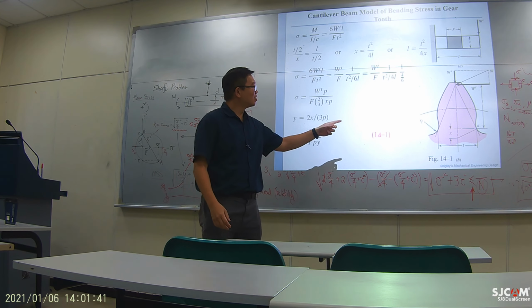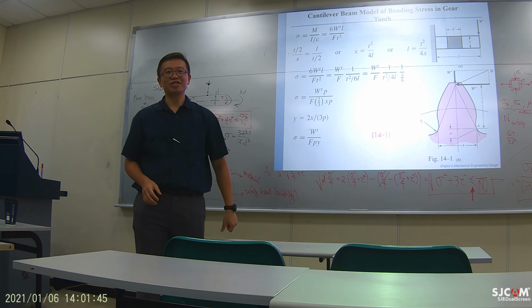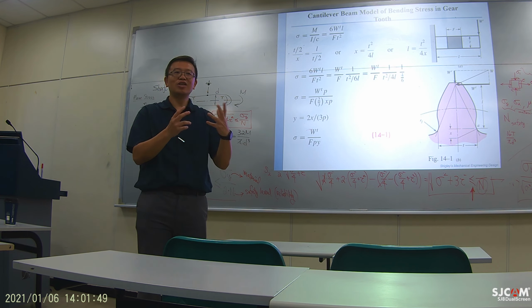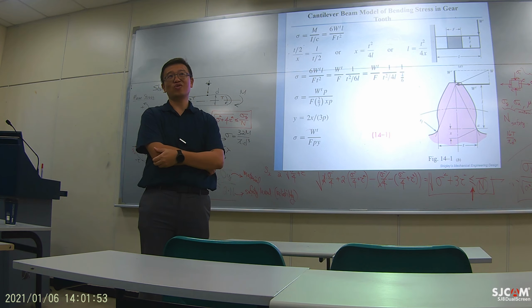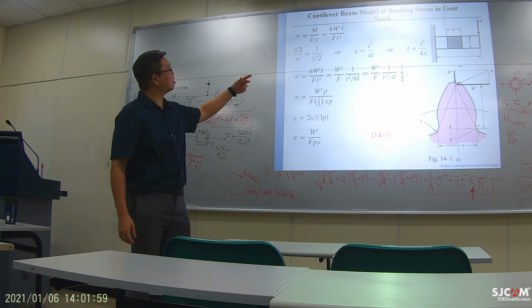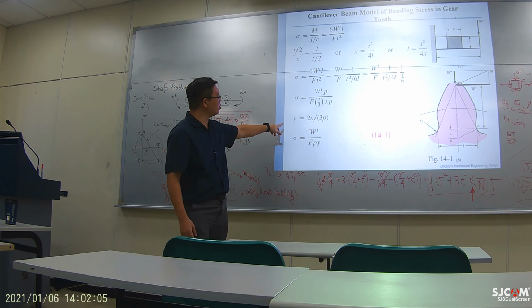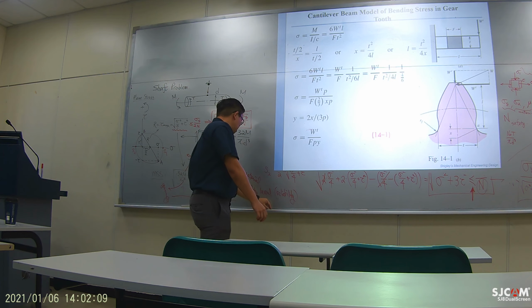Basically, the tooth has a very curvy geometry. It's not easy to study. There's no general equation to study the stress inside the tooth. So what happened was, there's a research area and they define the so-called Lewis factor. Why is it called the Lewis factor?